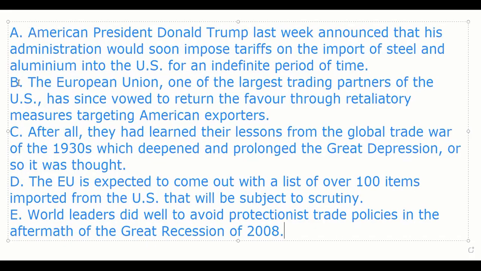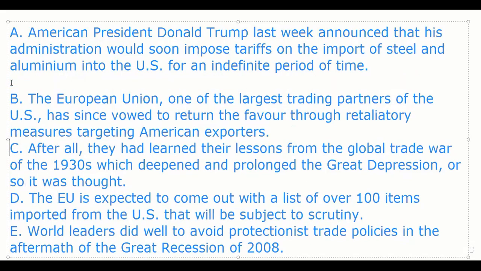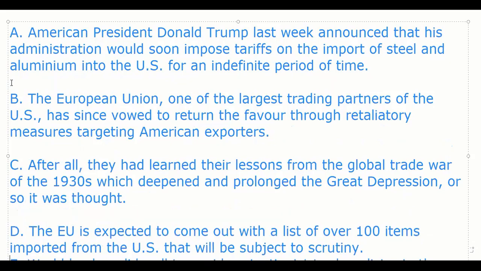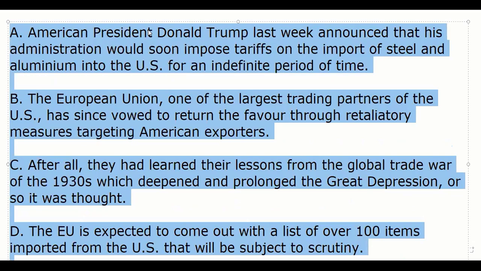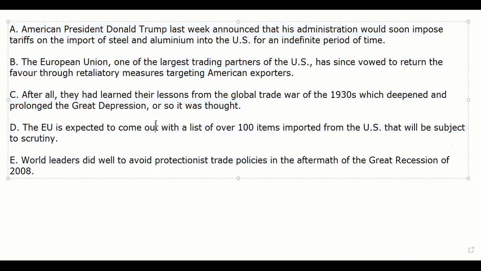Let me put some space after every sentence so it's not confusing, and I'll make the font a little smaller and black, better to read.